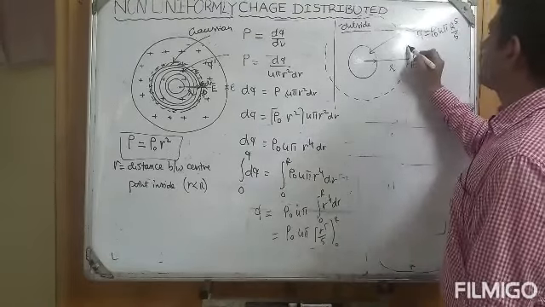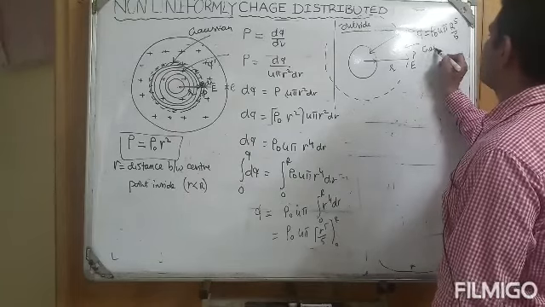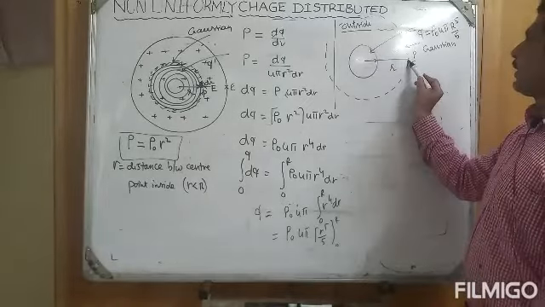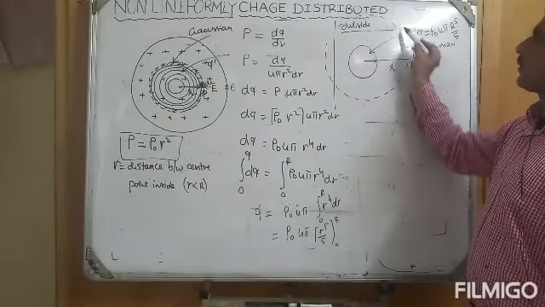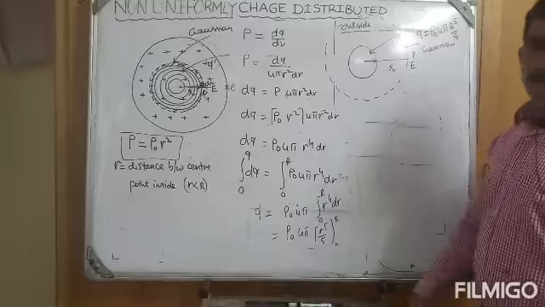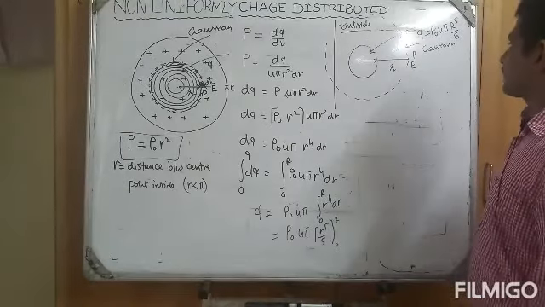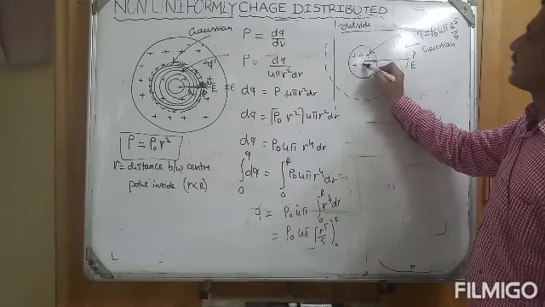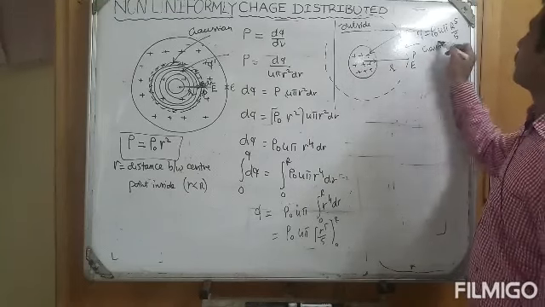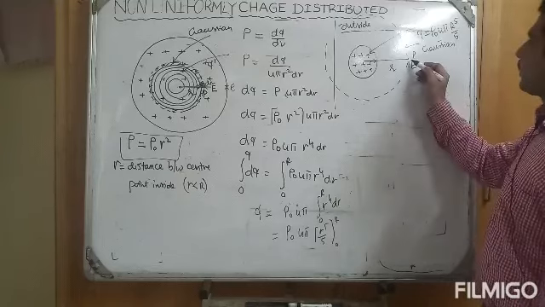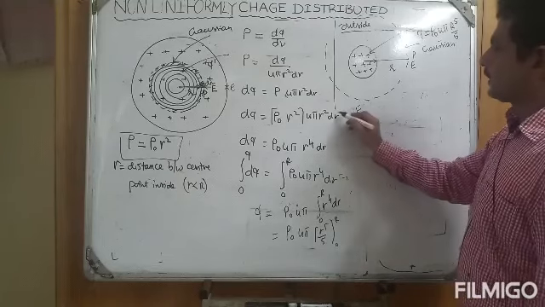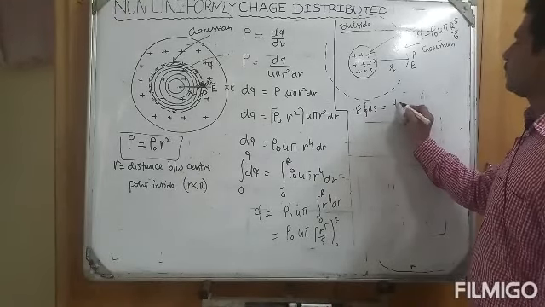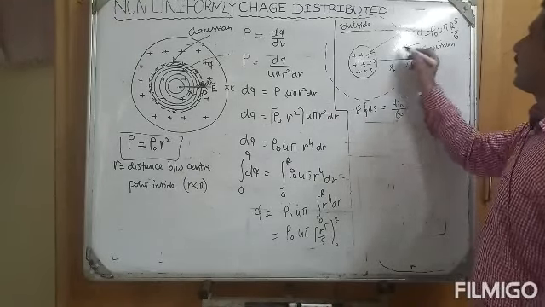Even though the Gaussian surface exists here, because this is the point where we want the electric field intensity, with that distance you can draw the Gaussian surface. So the charge inside will be rho naught 4 pi R power 5 by 5. Now apply Gauss law: E integration ds is equal to Q inside by epsilon naught.